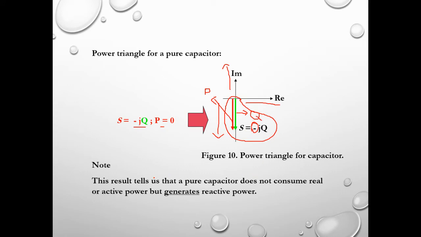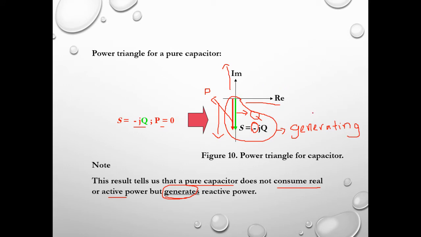So this result tells us that a pure capacitor doesn't consume real or active power but generates reactive power. This is quite interesting. Whenever you find a negative value of Q, it means your load, or your capacitor in this example, is generating reactive power.